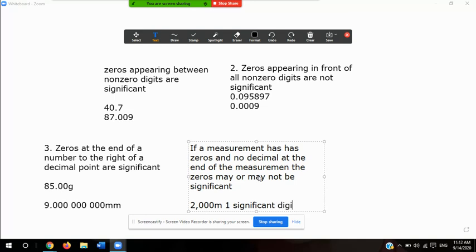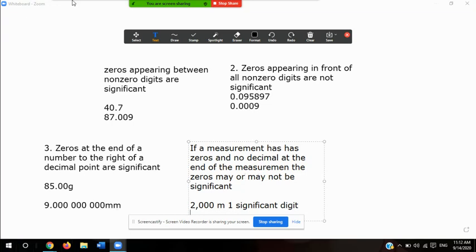So it only has one significant digit because at that last zero, there is no decimal point. So for the purposes of our class and the textbook that we're using, we're going to assume that that has only one significant figure.